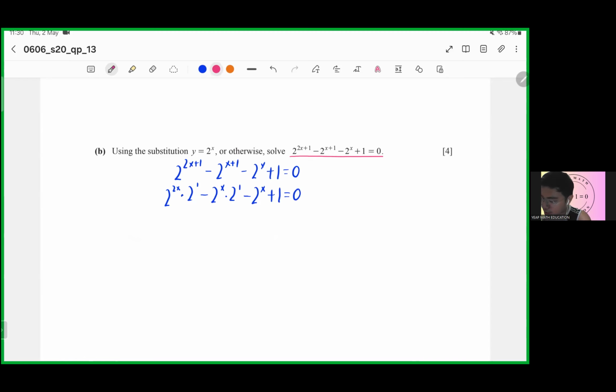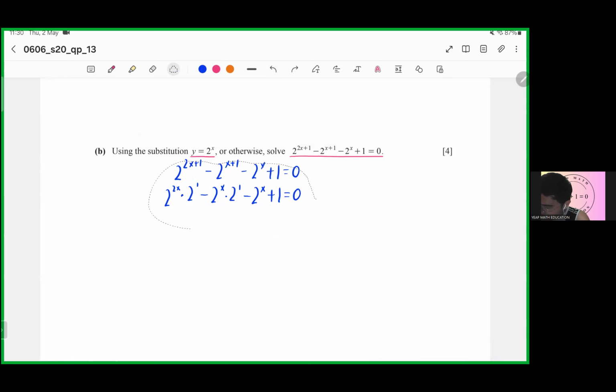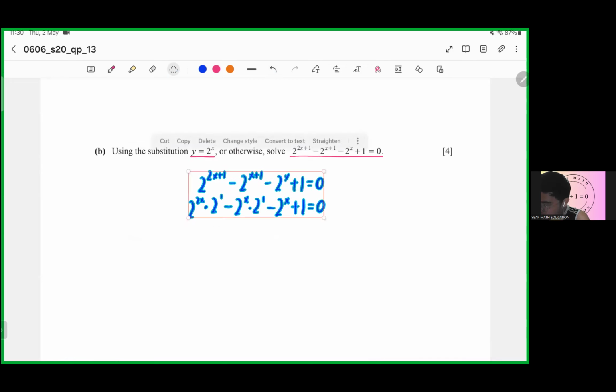After that, we need to use this method. So we will get 2^x bracket 2 minus 2^x, and then we put the bracket here.